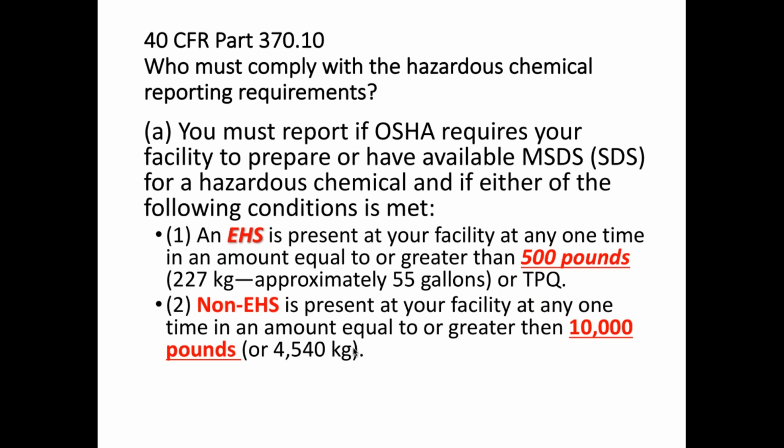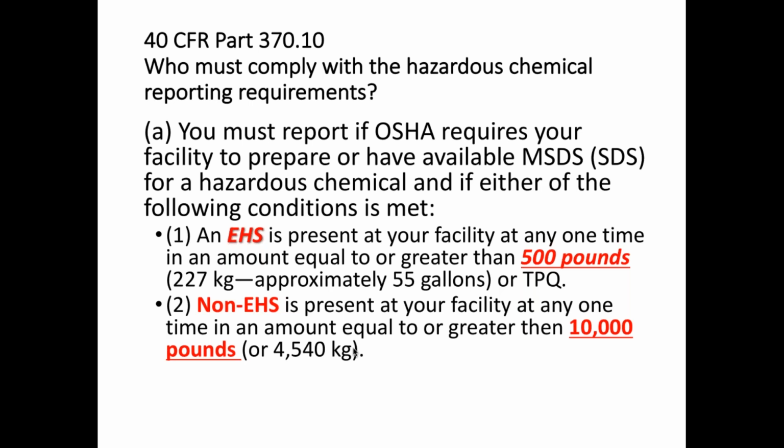Number 1, it is an EHS chemical, an extremely hazardous substance, that is present at your facility, equal to 500 pounds or the threshold planning quantity, whichever is less. How do I know if my chemical is an EHS or what the threshold planning quantity is? There is a list out there called the Consolidated List of Lists put out by the EPA. You can Google it, or I can show you where to access it on ePlan.